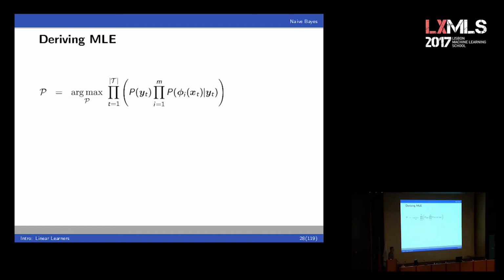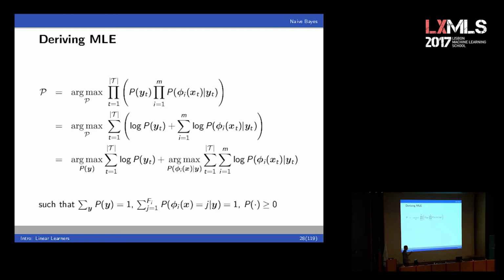We will derive the maximum likelihood estimator here. You can go back to these slides for reference. So what we want to find is we want to maximize this objective function with respect to p, and p is these parameters here. So we just rewrite it a little bit.